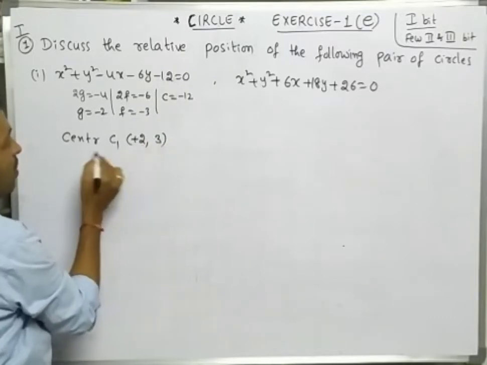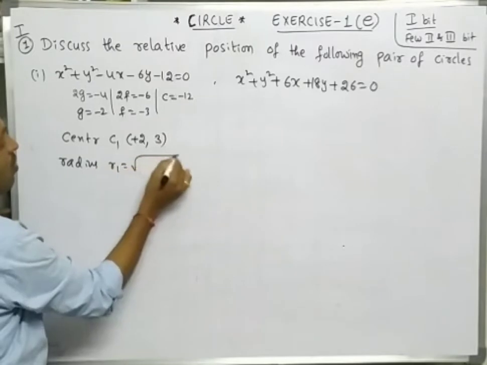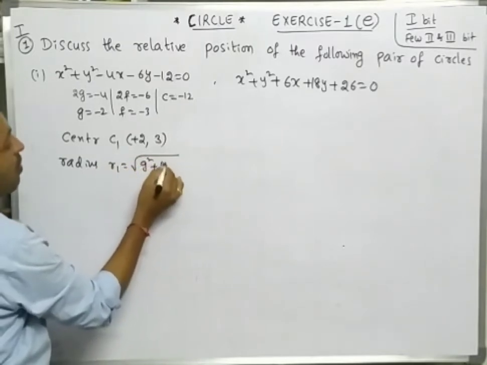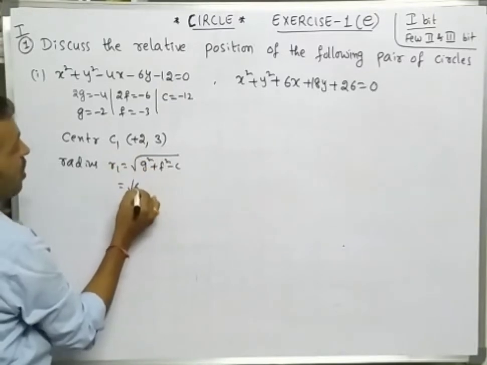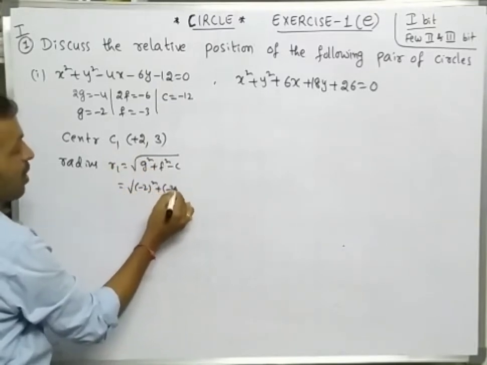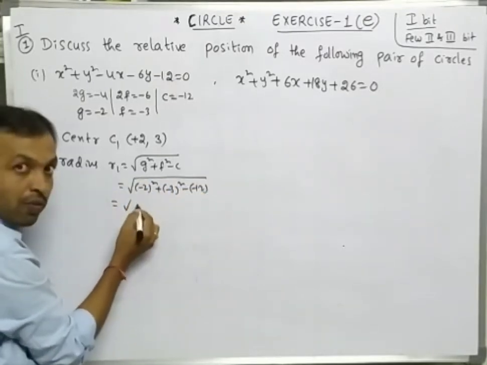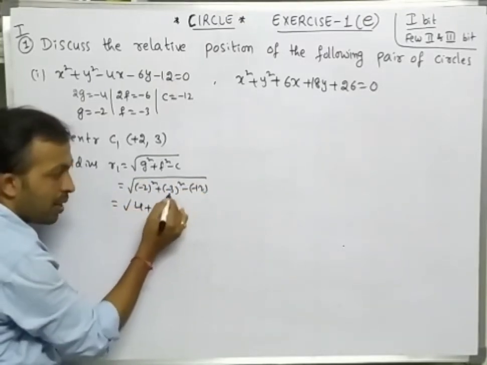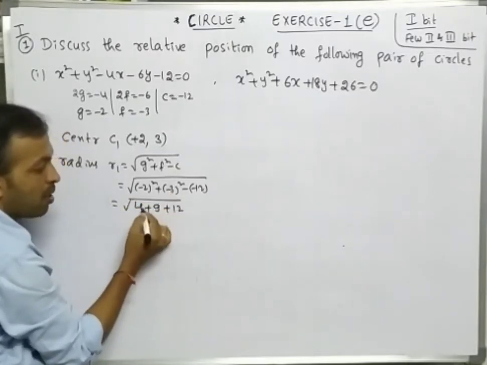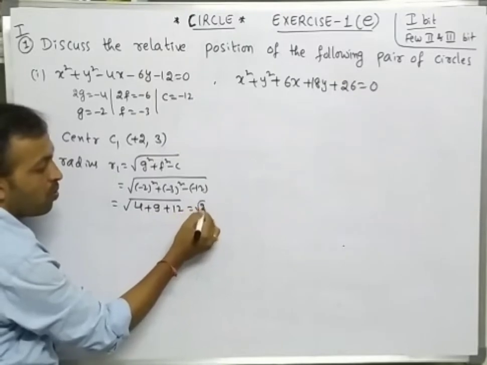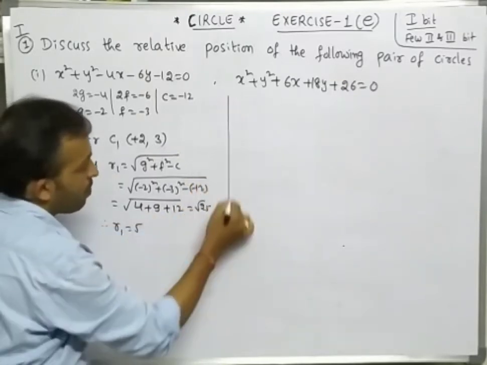This is center 1, and radius r1 is equal to under root of g square plus f square minus c, that is minus 2 square plus minus 3 square minus of minus 12. So 4 plus 9 plus 12, 9 plus 4 is 13, plus 12 is root 25. Therefore r1 is equal to 5.